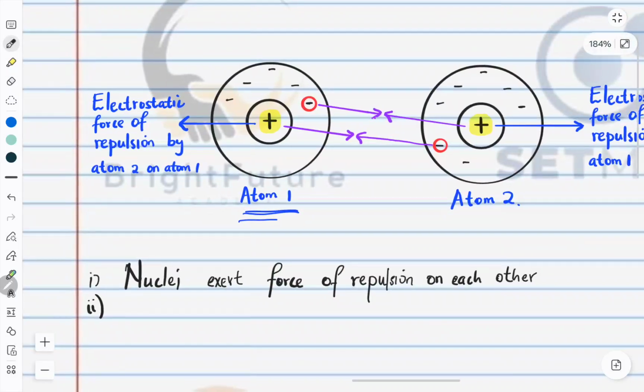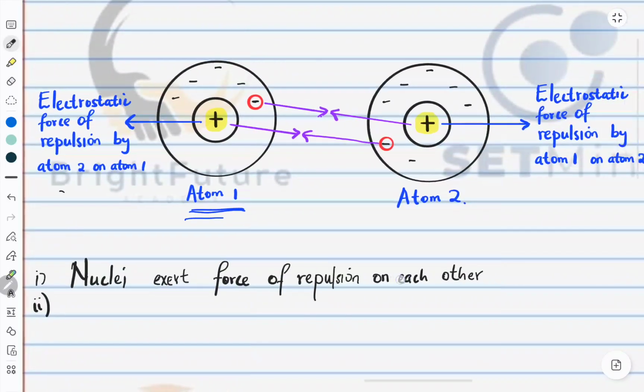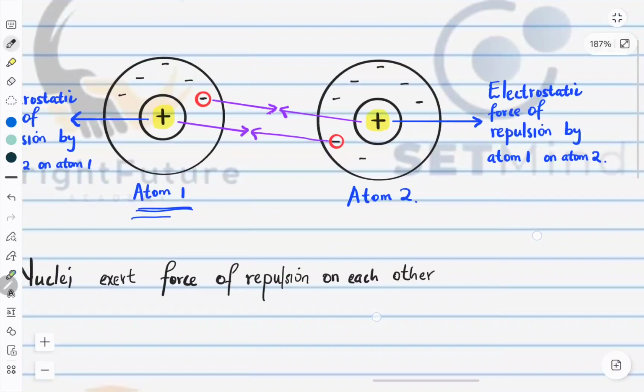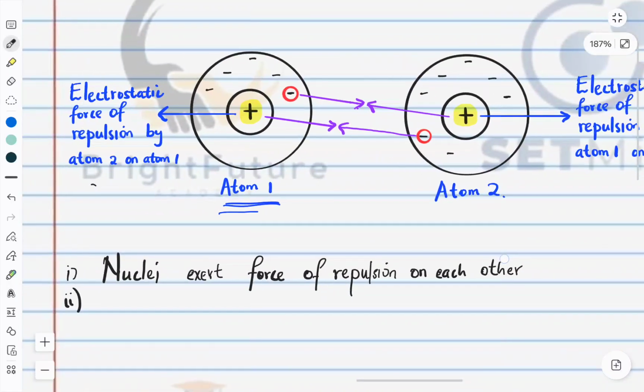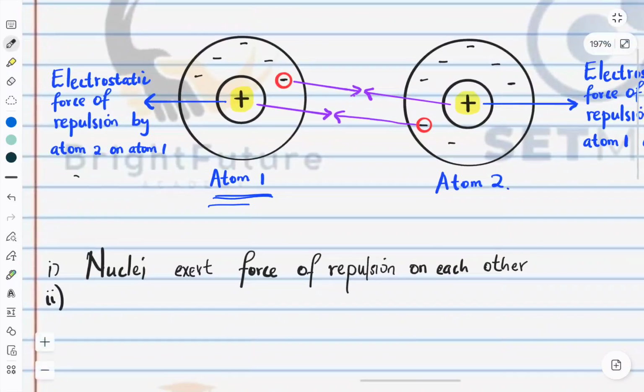That is the electrostatic force of repulsion by atom 2 on atom 1 and the electrostatic force of repulsion by atom 1 on atom 2. What happens on this side has to happen on that side as well, because it's an action-reaction pair.